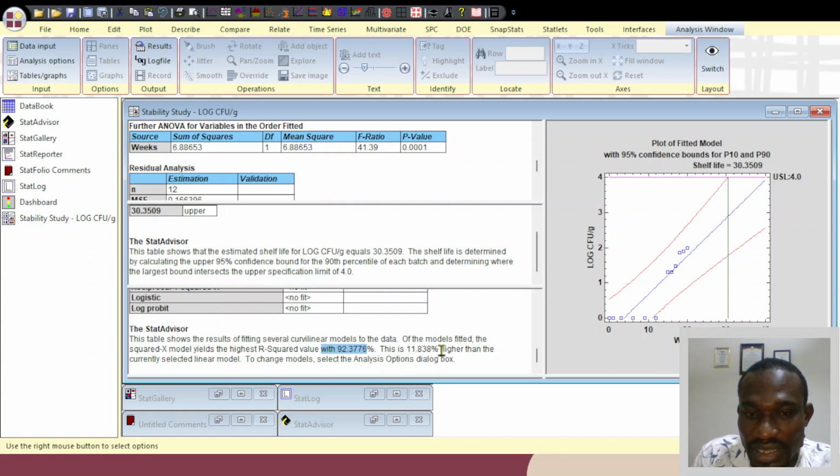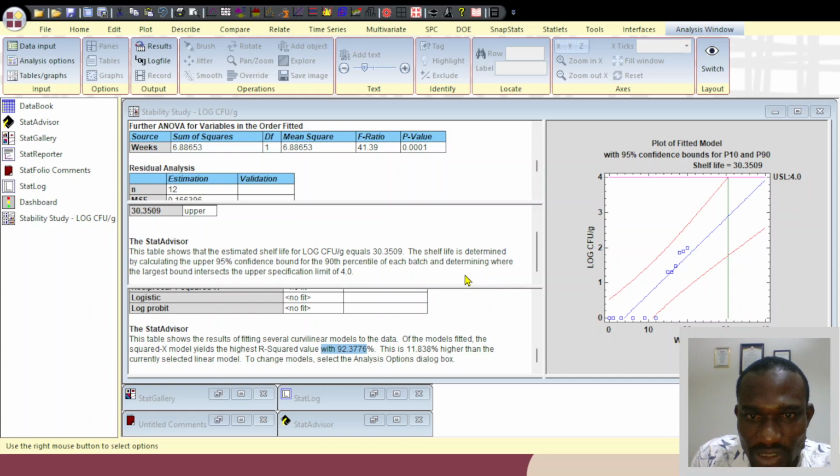This is 11.838% higher than the currently selected linear model. So to change the models, we need to select the analysis options dialog box, and this can be located here in the input section. So I'll just head there and I'll change the model.